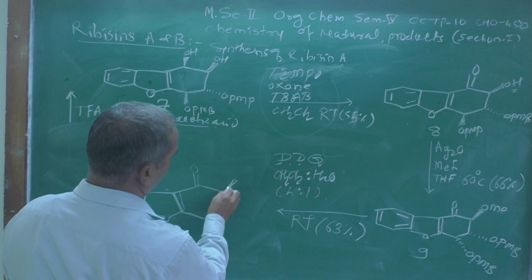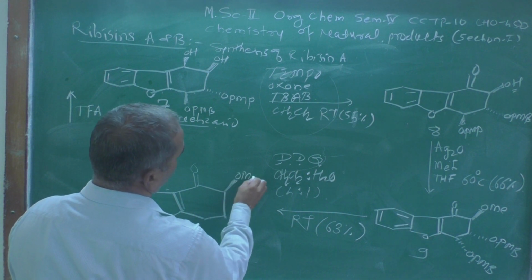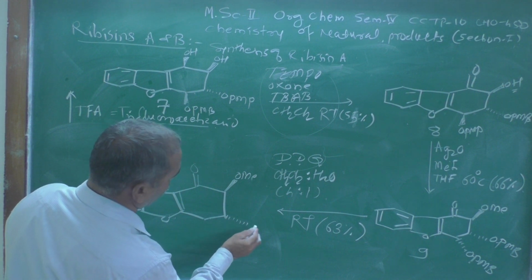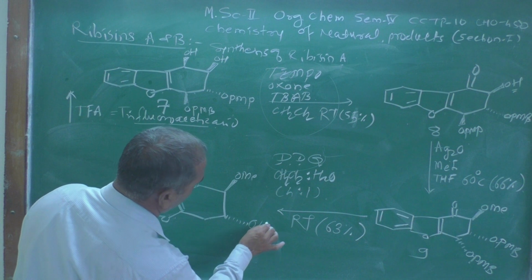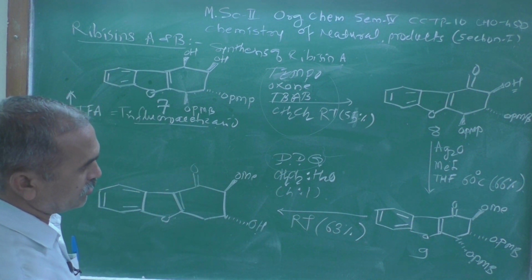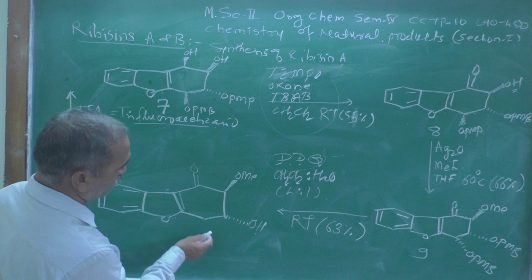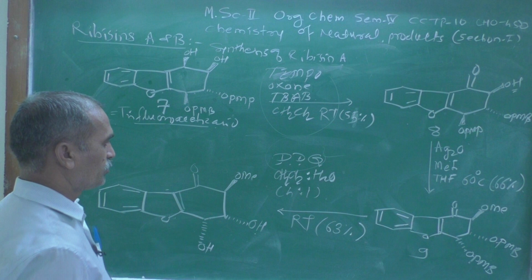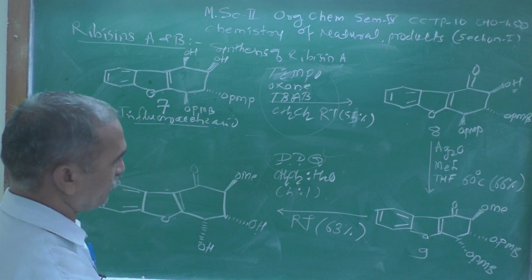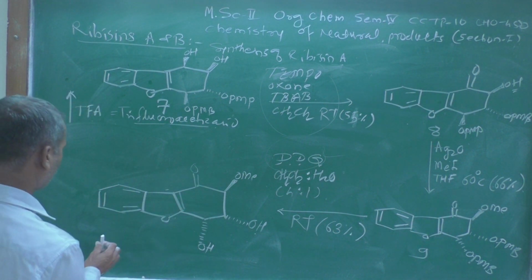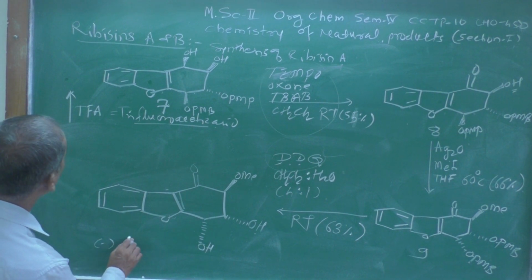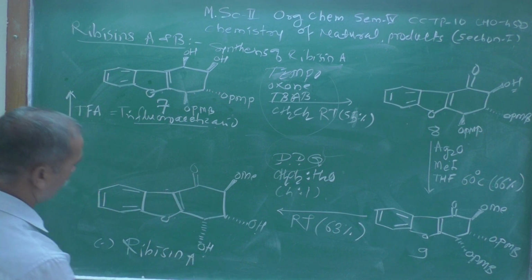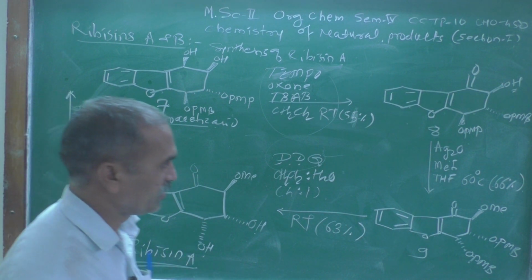The methoxy group remains as it is, OMe. Now this protected hydroxyl group gets deprotected and becomes OH. Here also 3 chiral centers remain if you observe, and this structure is nothing but minus ribosine A. This is the structure of ribosine A.